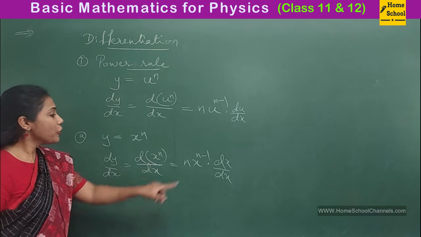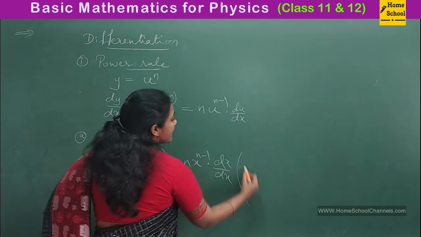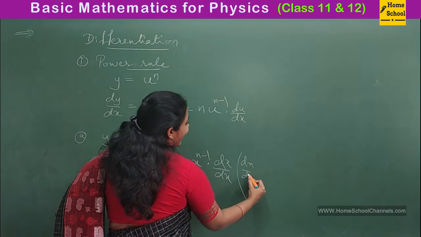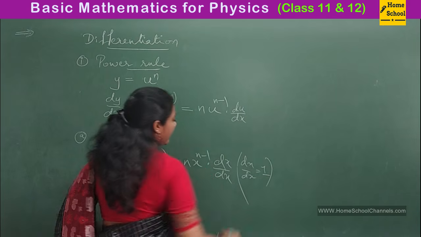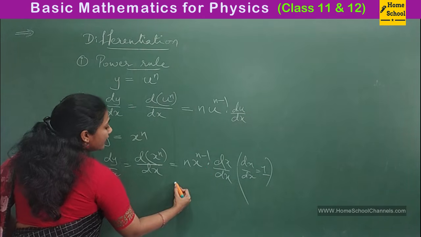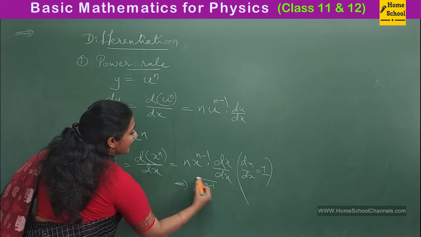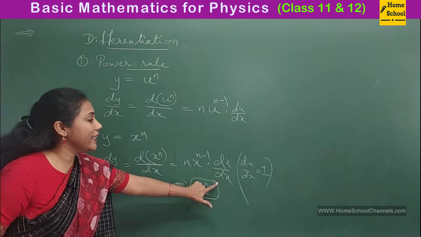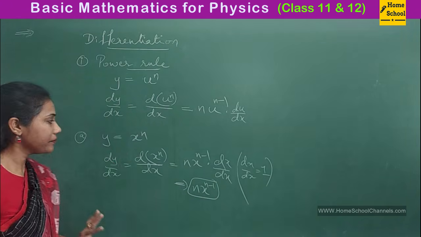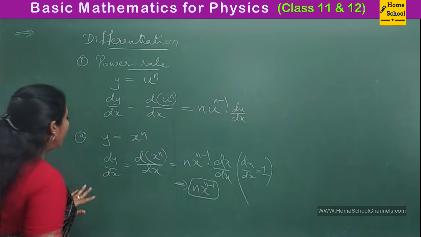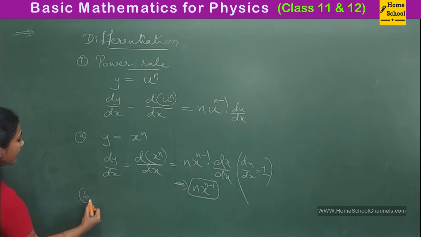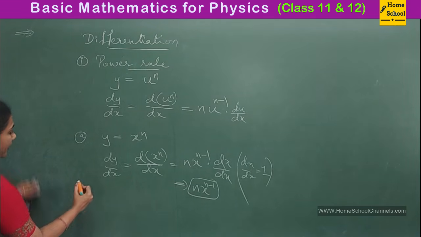The value of dx by dx is 1 only, so your formula is n x to the power n minus 1, because dx by dx is always 1.